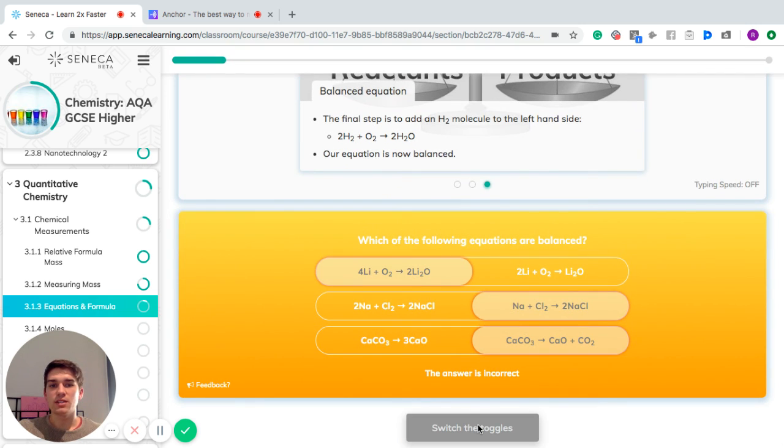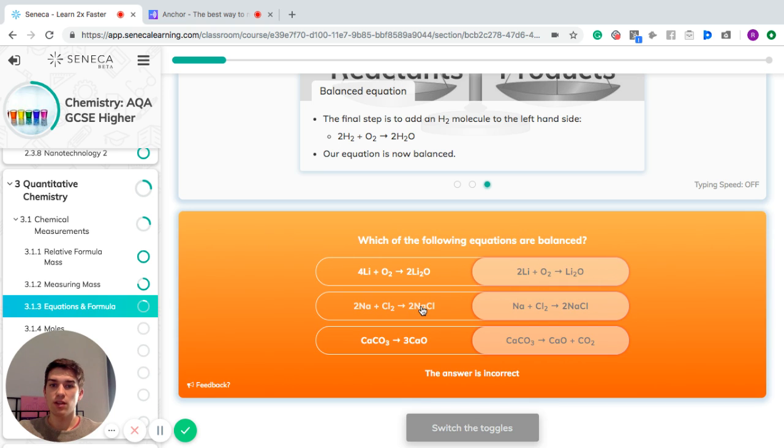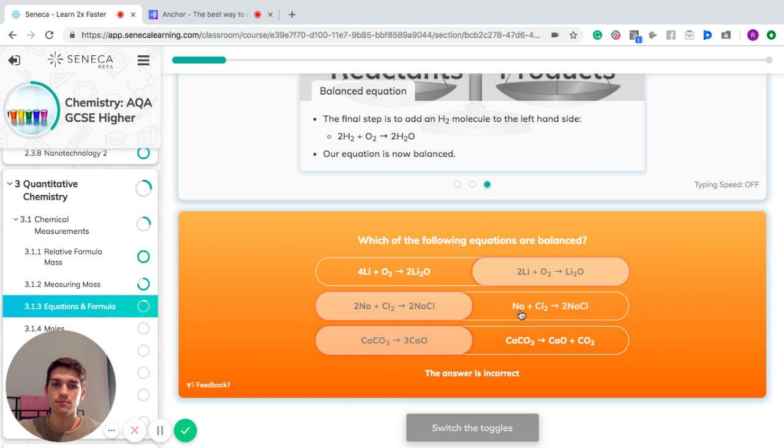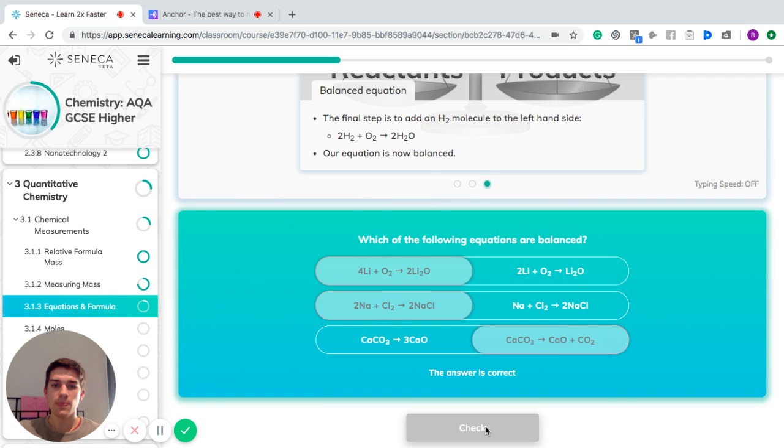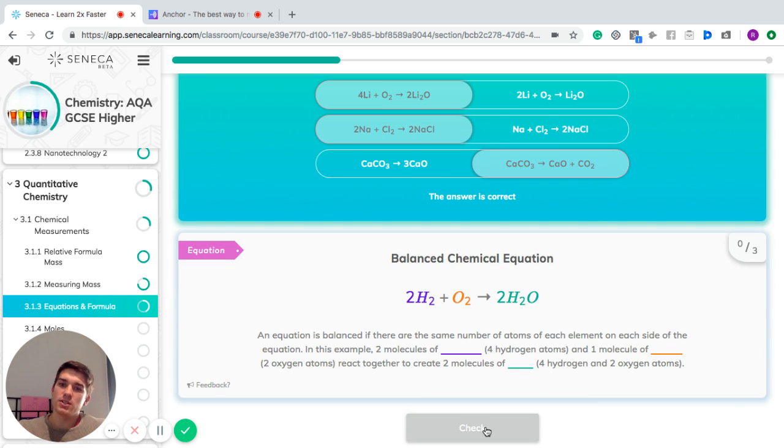So remember, we're looking to balance equations. We need to make sure the number of atoms on the left equals the number of atoms on the right. An equation is balanced if there's the same number of atoms of each element on each side of the equation.